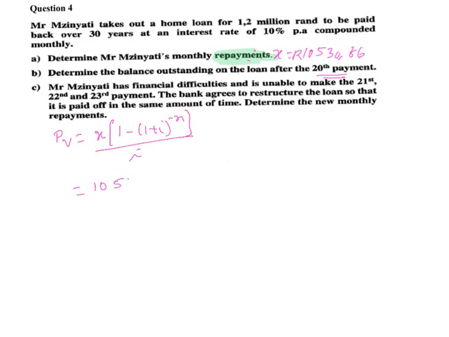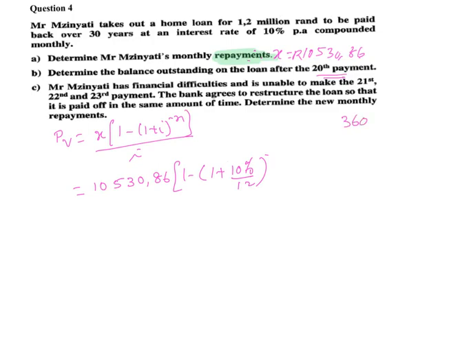So my repayment amount is 10,530.86, times 1 minus (1 plus 10% divided by 12) to the power of, now this is my remaining period, so 360, right?